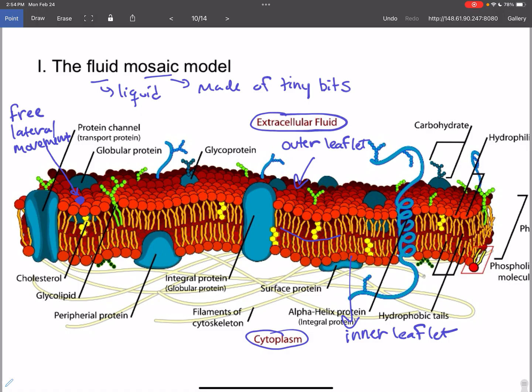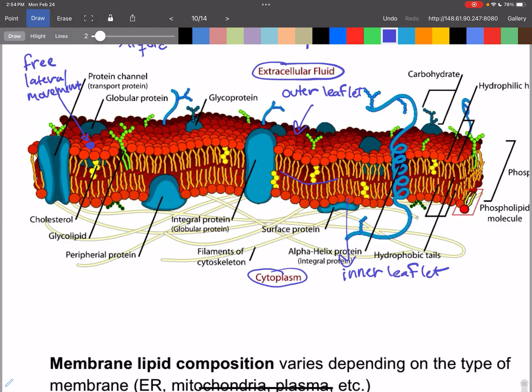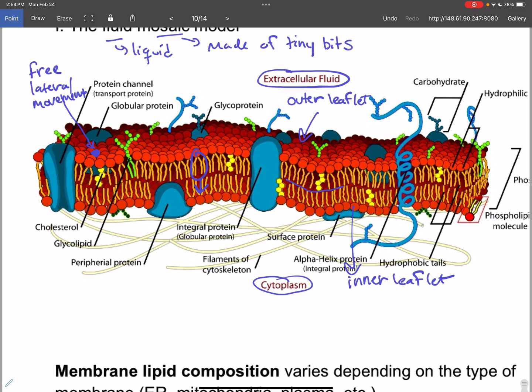because again, they are fluid. But what can't happen, or what requires some extra help, is what we would call transverse diffusion or transverse movement. That's, for example, if we were to take a lipid and try to get it to go from one leaflet to the other. So if we were to try to convince a lipid that's in the outer leaflet to end up in the inner leaflet, that's going to be difficult.